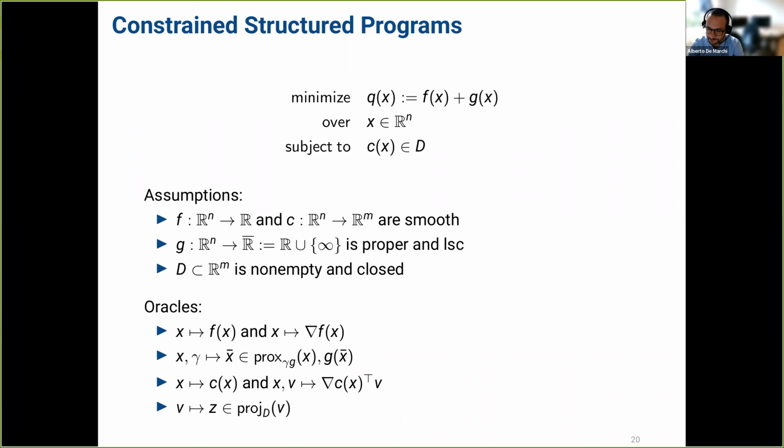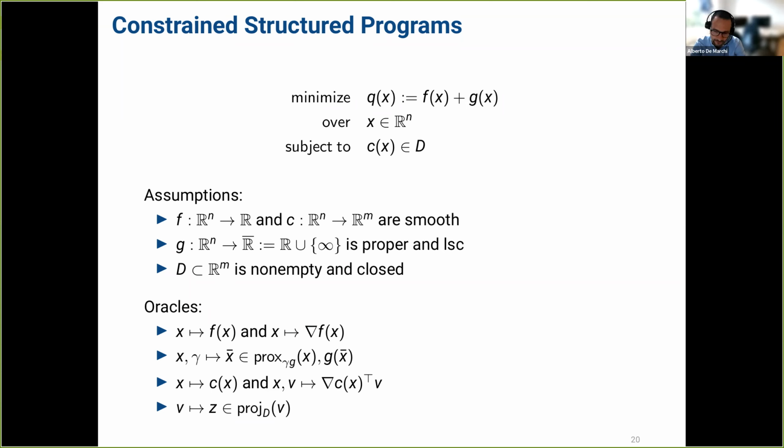Then for constraints C, we evaluate them, so we have C of x, and we only use the matrix-vector product when we want to have the Jacobian, let's say. So we don't need to form the Jacobian of C, but we only use matrix-vector products. And for the set D, we only use projections onto the set.